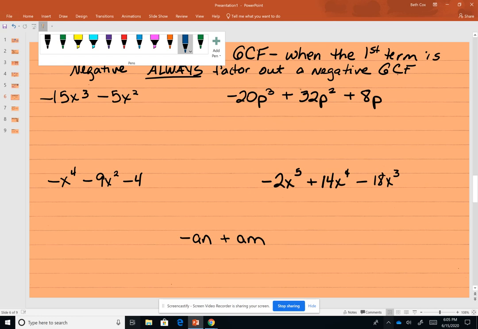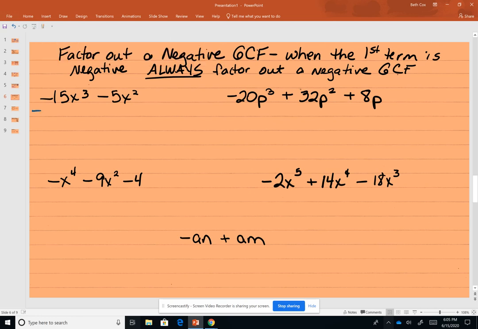So the first term is negative, so we know we're going to factor out a negative, so there's that part. And then the numbers, 15 and 5, so the GCF for 15 and 5 would be 5. And then we do the smallest power of our variable, which is going to be x to the second. Now we do a little division, and a negative divided by negative is a positive.